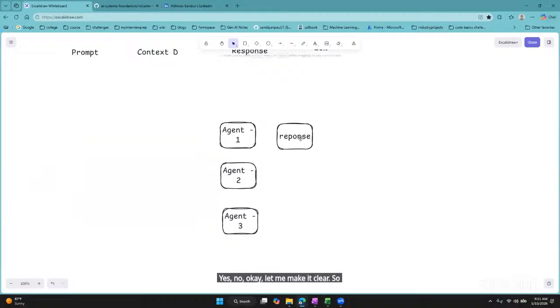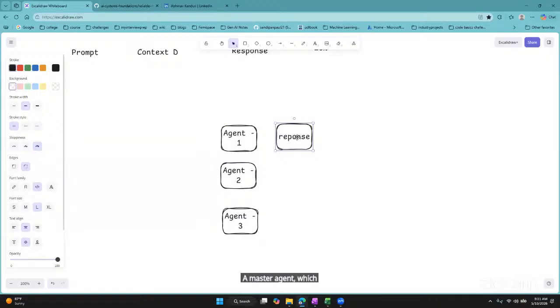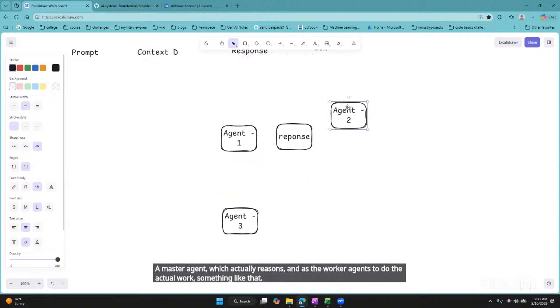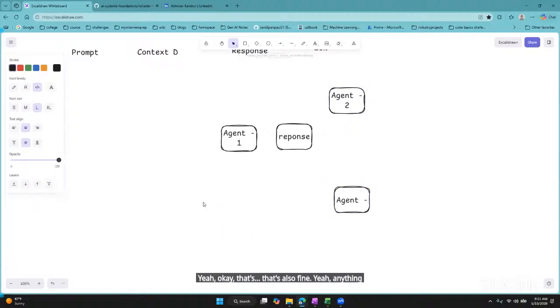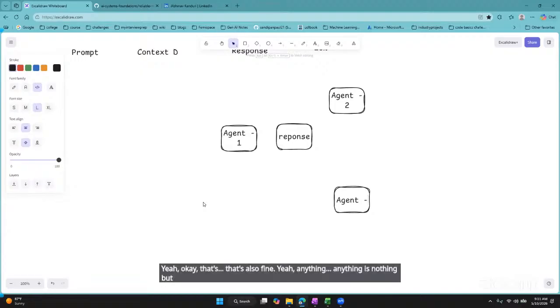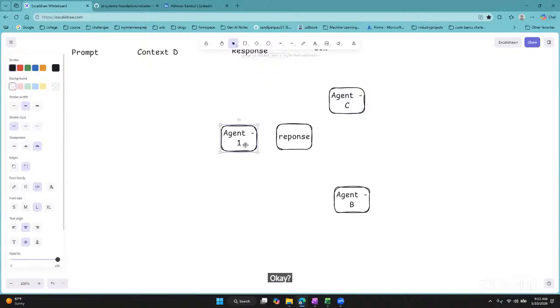When I say multi-agent, I'm thinking of simulating what Claude has: a master agent which reasons and asks the worker agents to do the actual work. Yeah, that also makes sense. So for example, this is agent B, agent C, and agent one is a master agent.